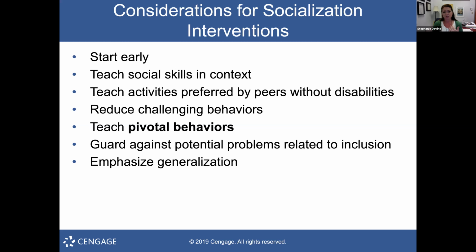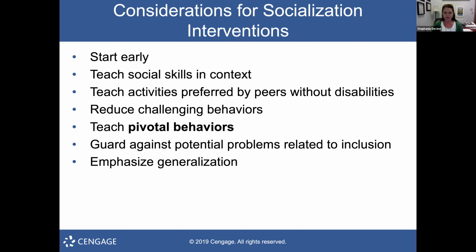Appropriate affect, so how you say and react to people speaking, being able to have joint attention, that's a pivotal behavior. Ending an interaction or responding to interaction. Those are pivotal behaviors that will happen in a variety of ways in a variety of environments. So you want to focus on those because you're going to get the most bang for your buck there.